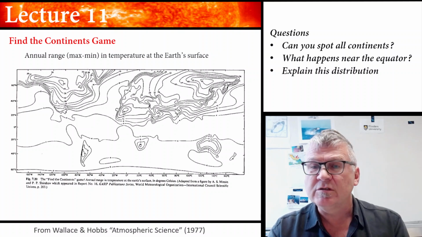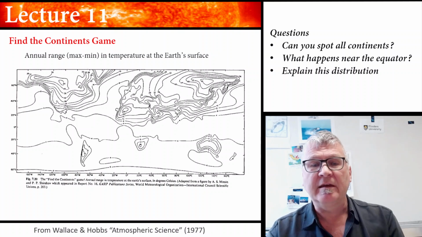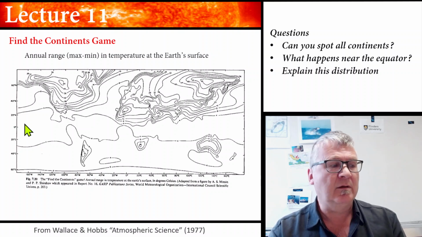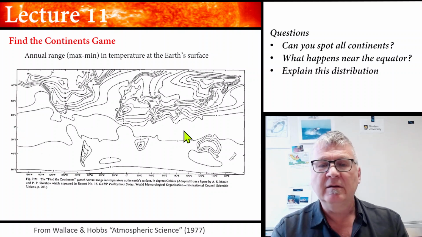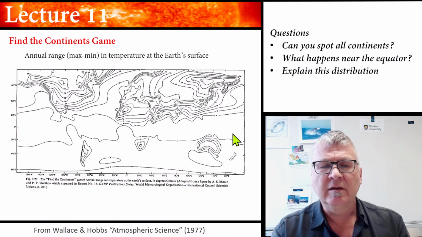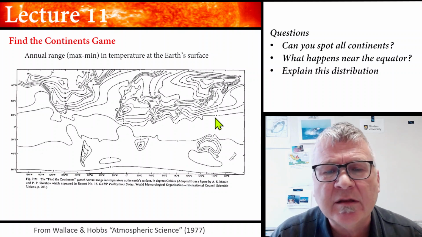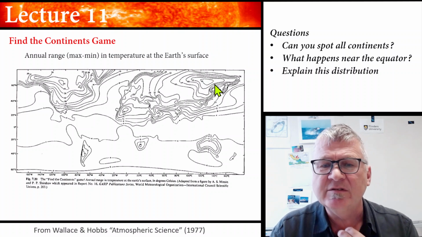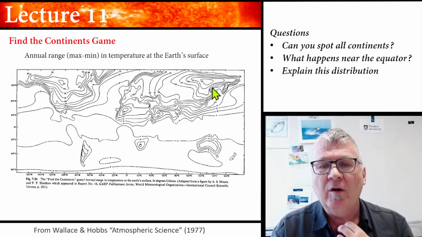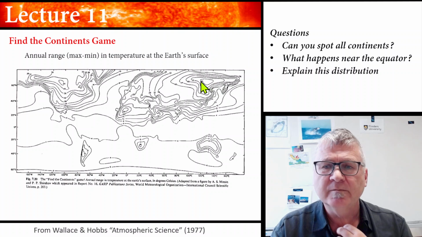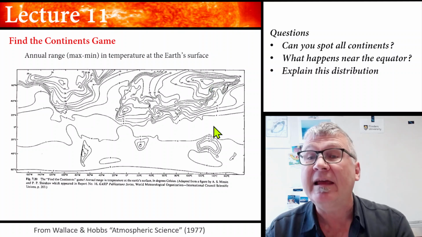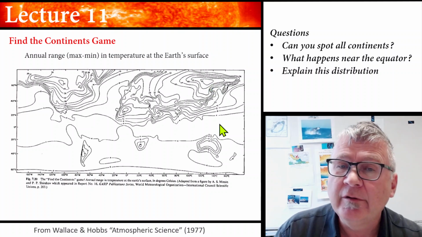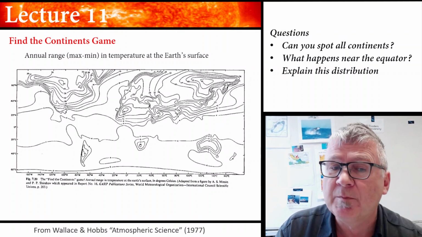Where are the oceans? What happens near the equator? Here's the equator, look at there. What are actually the maximum numbers that you can see? Maximum is, I think, 50 degrees Celsius difference over the year. Explain this distribution. You should now be able to explain what's happening here.